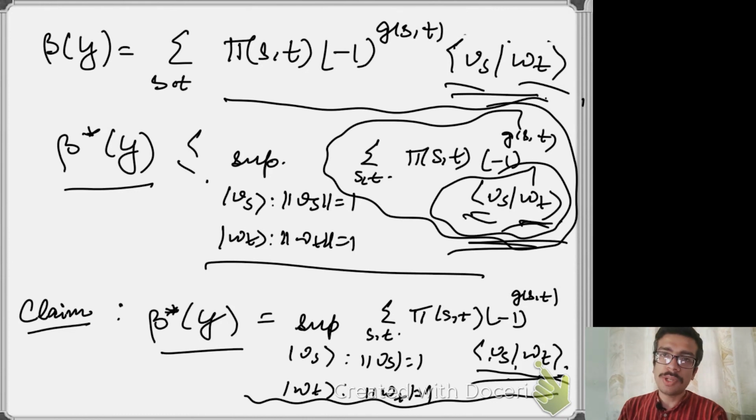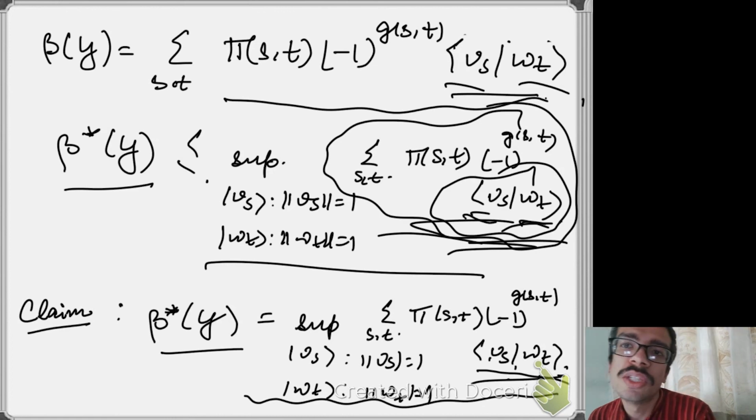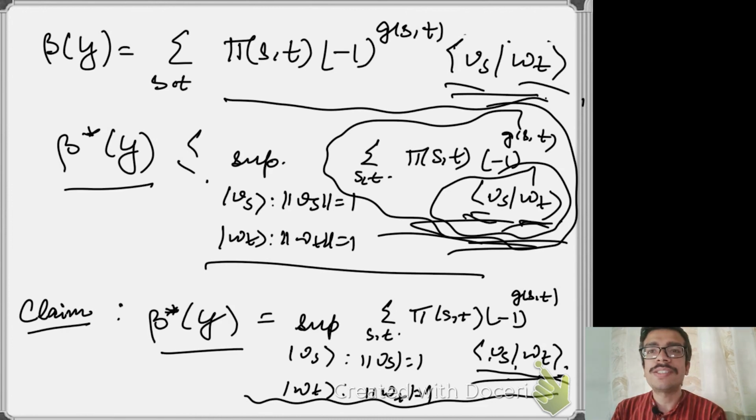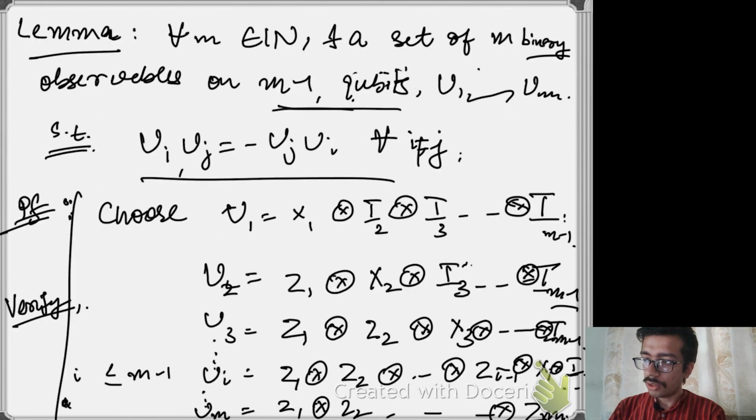I can find the corresponding As, Bt and the psi, which happens to be the maximally entangled state, and that indeed just gives me a strategy which achieves this supremum also. So if I know Vs and Wt which achieve the supremum, I can find the corresponding operators also, right? So this is a very nice constructive argument we have had. And this is also known as Tsirelson's theorem.